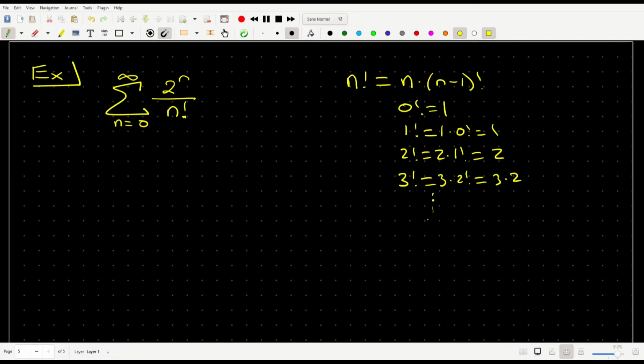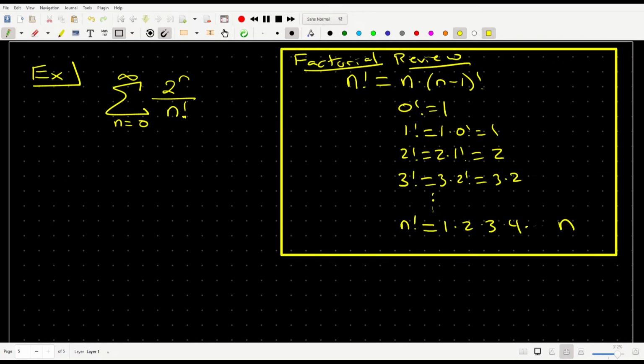which essentially ends up being 1 times 2 times 3, all the way up to n. That's the multiplication of the first n integers. This is how we define the factorial function on the integers, and it's a very important function. I mentioned it earlier in terms of limits of sequences, but this is going to be super important to us when we go through and do Taylor series.